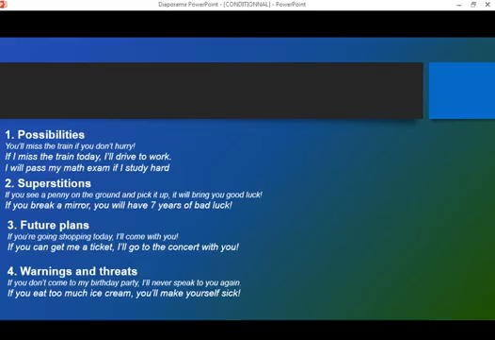Other uses, if we have warnings and threats. For example, if you don't come to my birthday party, I'll never speak to you again. It is a threat or warning, okay? If you eat too much ice cream, you'll make yourself sick.